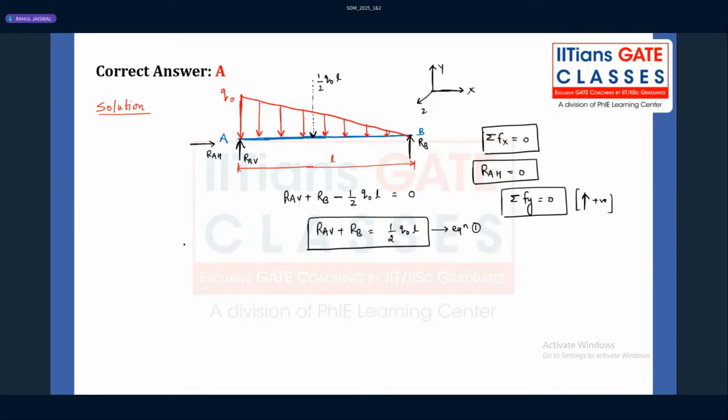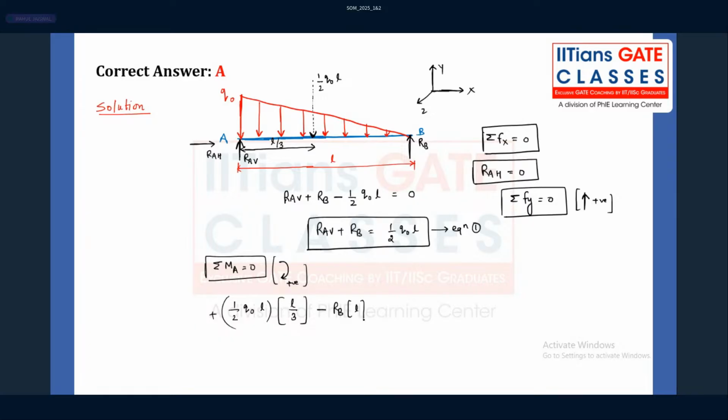Then we can directly calculate the reaction forces from the third equilibrium equation, summation of moment about any point to be 0. Let me take the moment about A to be 0, considering clockwise moment as positive. Then half of Q naught into L acts at a distance of L by 3 from support A, in the clockwise direction, minus RB into L, is equal to 0.